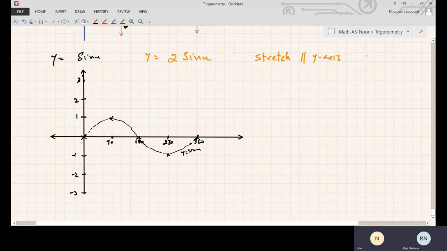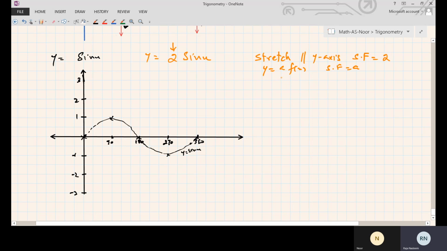What is the stretch factor? It is 2. For a vertical stretch, y equals a times f of x, so the stretch factor is a. Any number multiplying outside the function is the stretch factor.